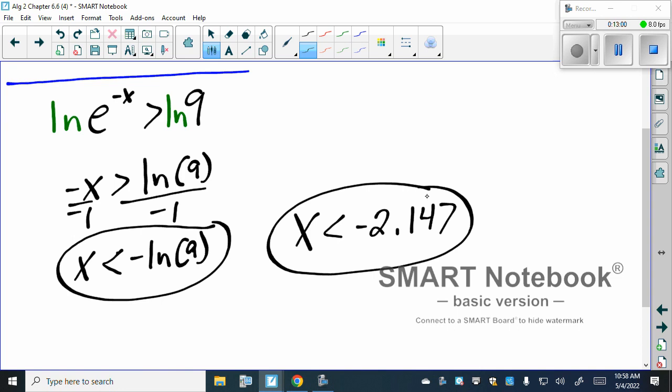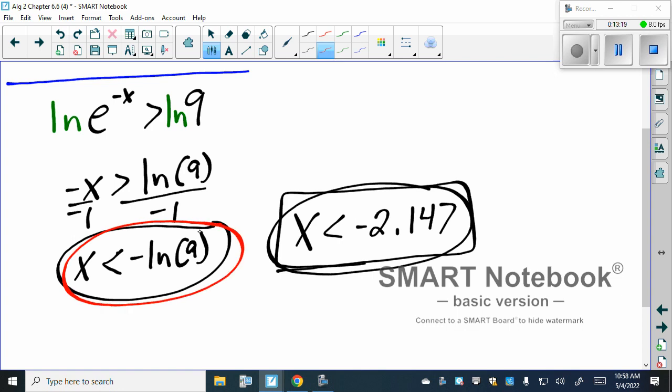For the test coming up next week, give me both. The reason I say to give me both is, one, when grading it, the first thing I'm going to be looking at is what you get as the approximate answer. If that doesn't match up with what I've got, the next thing I'm going to look at is this here. Because if that is the correct answer, that it is x is less than negative ln of 9, but for some reason this one didn't match, I'm still going to give you full points because that just means from here to here is just calculator.